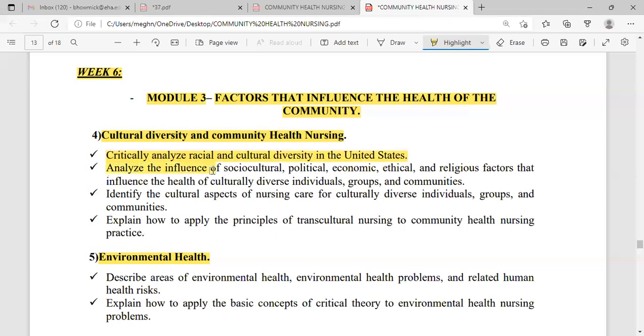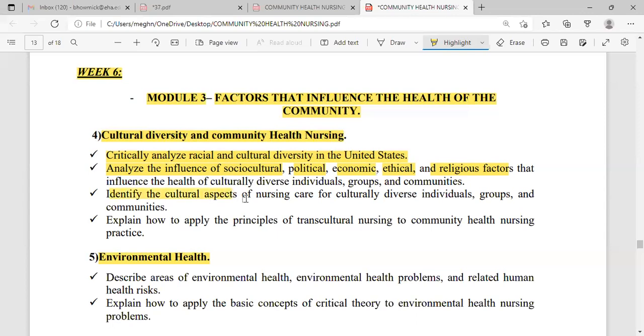Analyze the influence of socio-cultural, political, economic, ethical, and religious factors that influence the health of culturally diverse individuals, groups, or communities.